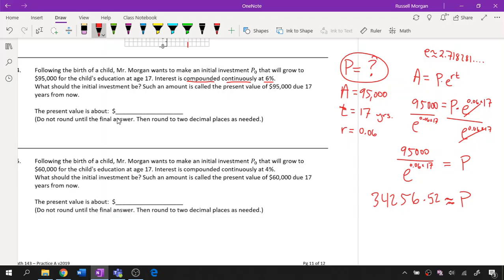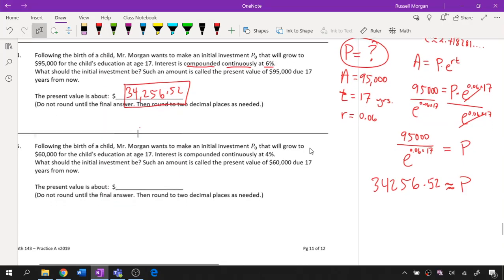There is my initial investment, $34,256.52. And if I actually crunch this the other way, if I just plugged in this number times e to the 0.06 times 17, I would get that 95,000, sort of to check.